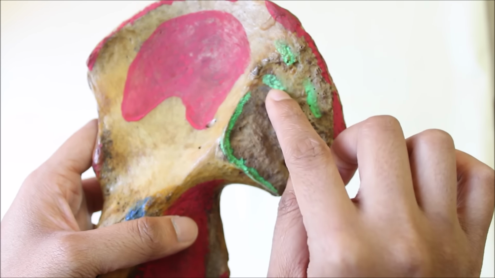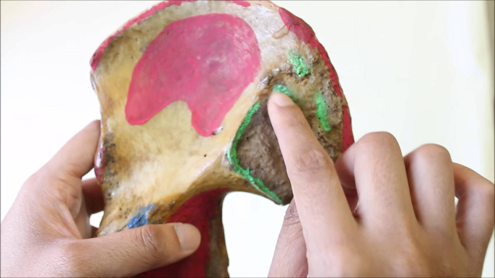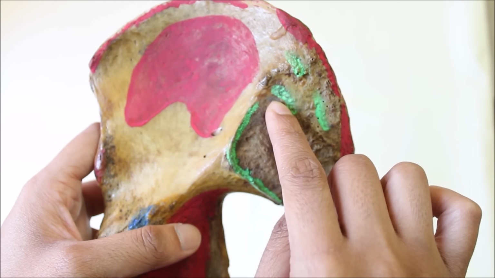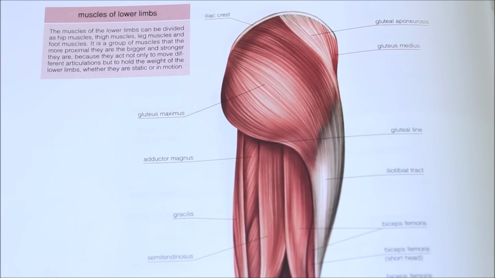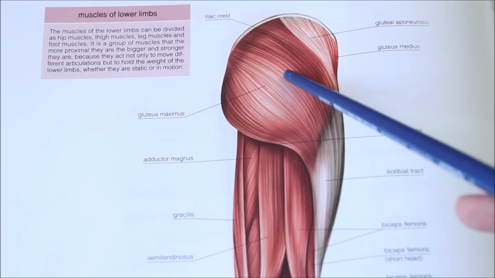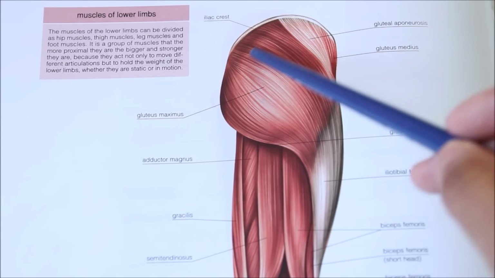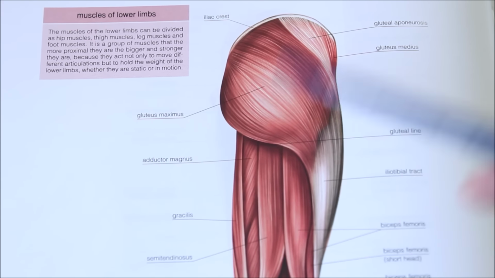That is this and this. This one is the interosseous sacroiliac ligament and this is the dorsal sacroiliac ligament. This is the posterior view of the right lower limb. The muscle you see here is the gluteus maximus muscle.